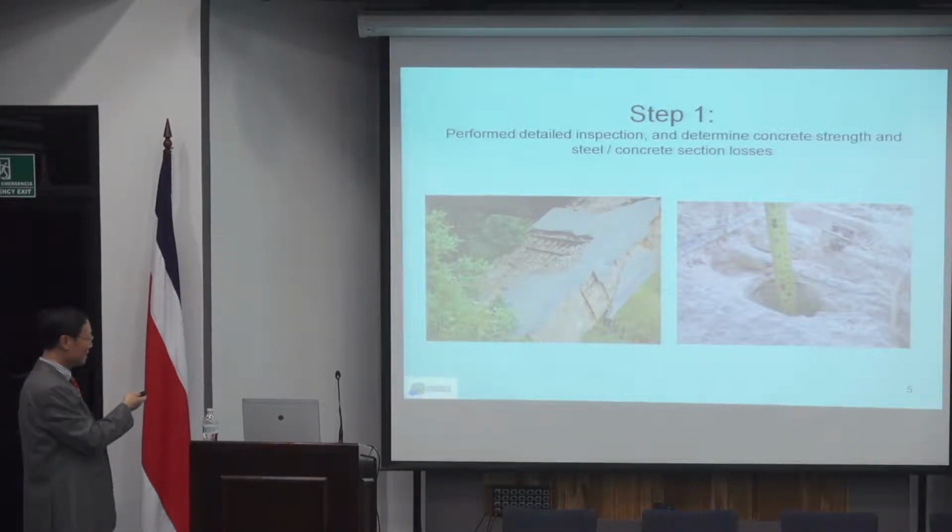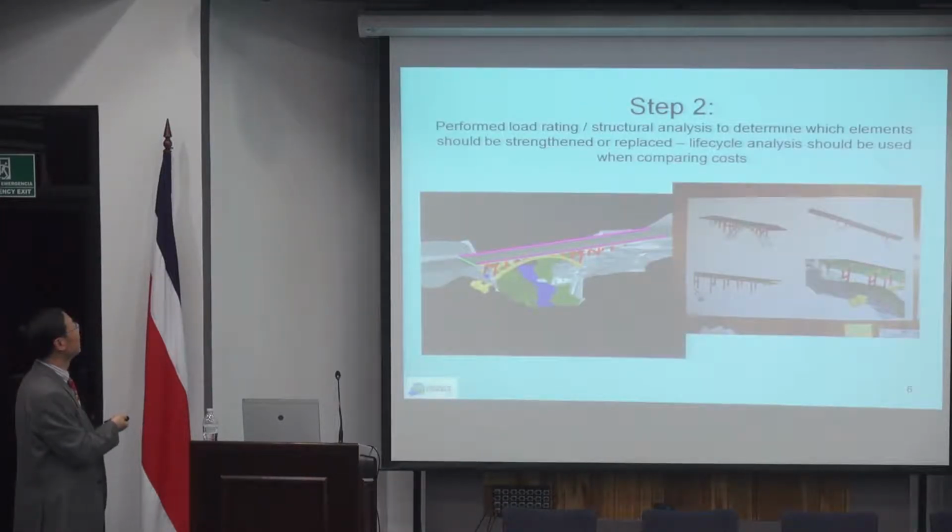Before the design was complete, they took a lot of coring samples to determine what the concrete strength was. And they did finite element analysis to see where the arch was deficient, so that they could reinforce it. And also they designed the new superstructures.